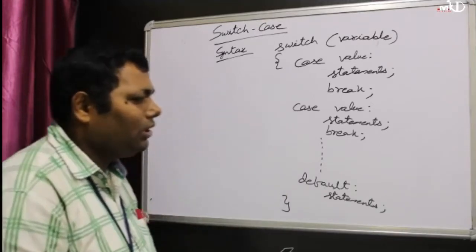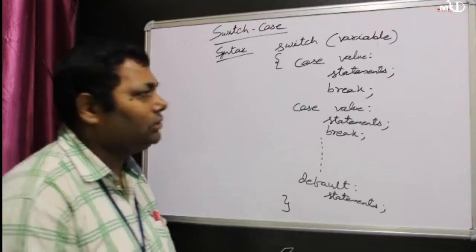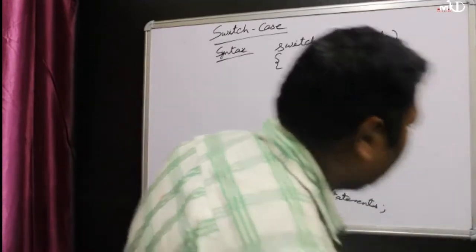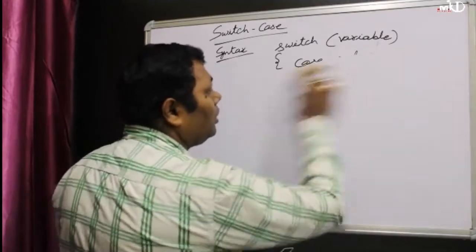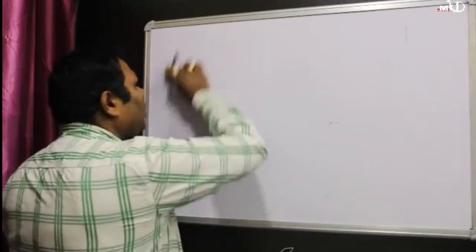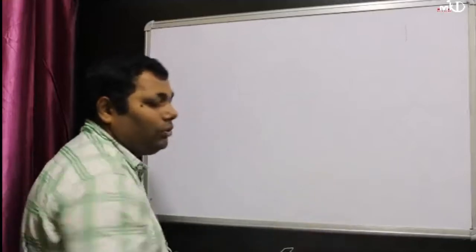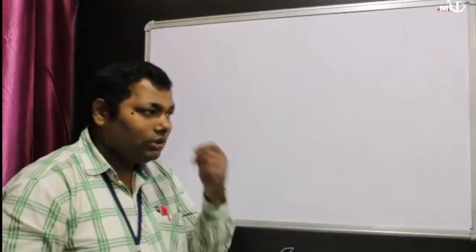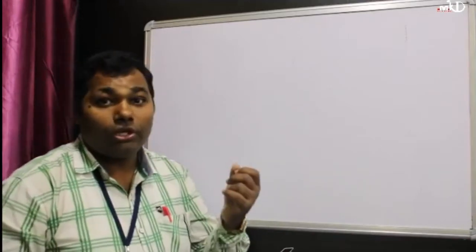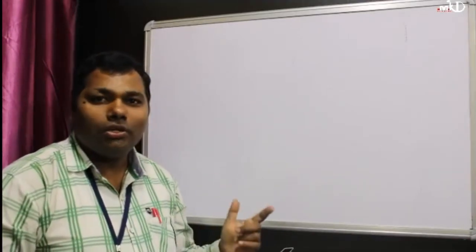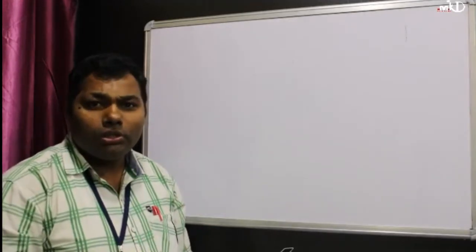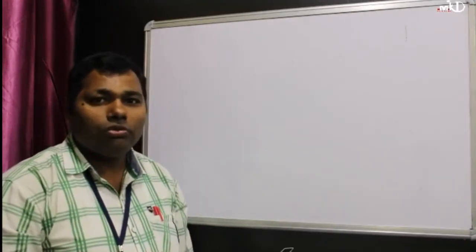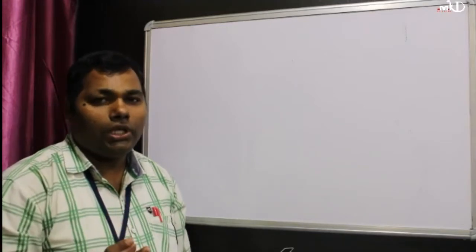Okay, clear the syntax? So let us take one example. As you know, we have 7 days in the week: Sunday, Monday, Tuesday, Wednesday, Thursday, Friday and Saturday. Let the user input a number, and according to the number we will display the day.